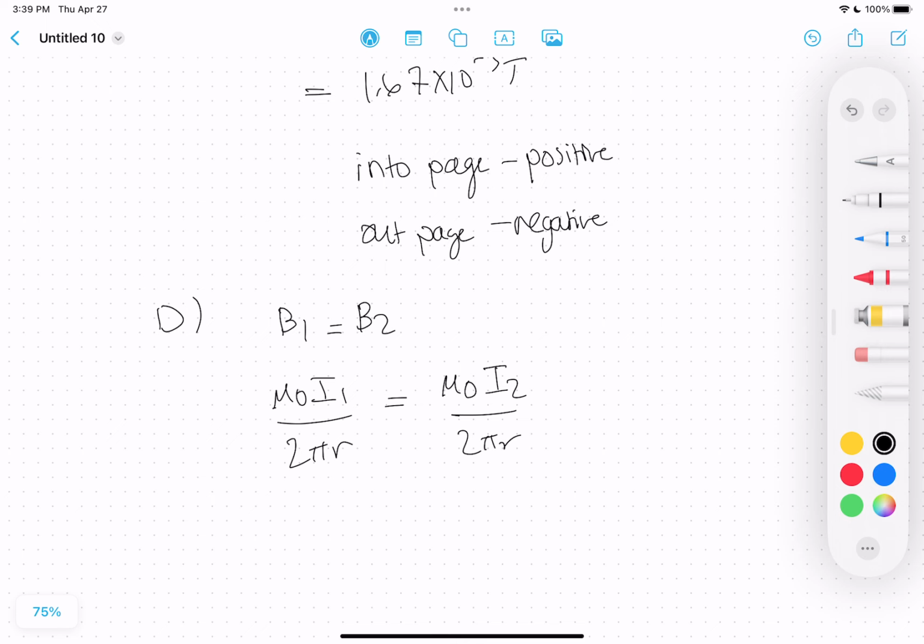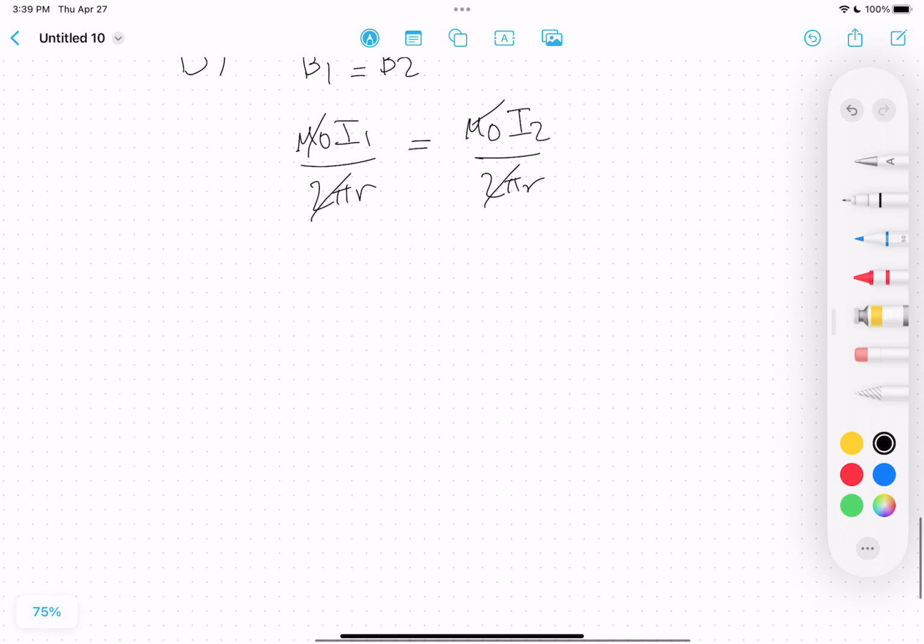You can cancel out the permeability constant and the 2 pi on either side, because those are constant. There's no reason to rewrite them, because once you multiply and divide those values over, they'll cancel out. So you're left with I1 over R1 is equal to I2 over R2. We want to figure out what I2 is in order for them to be equal.